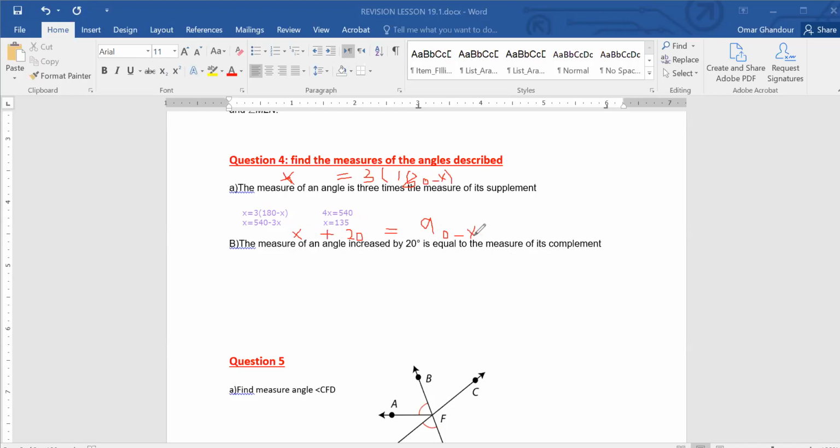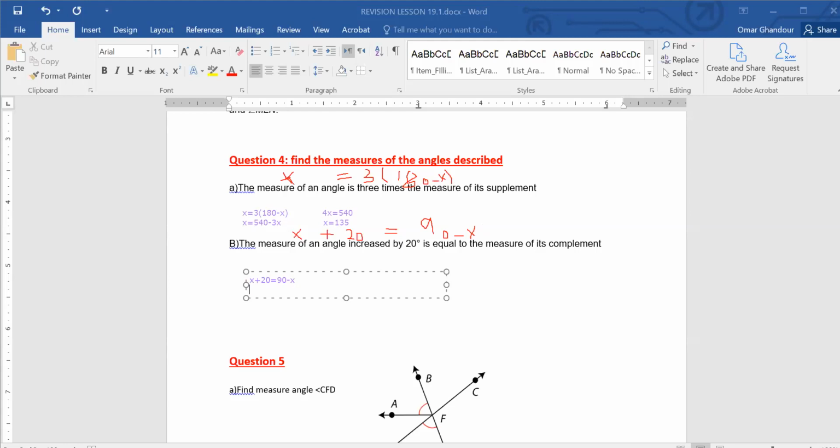Let's solve the equation. Did you all get this equation right? Yes. So I have now x plus 20 is equal to 90 minus x. How can I solve this equation? Combine like terms by shifting, exactly. So I'm going to shift x to the other side and shift 20 here.